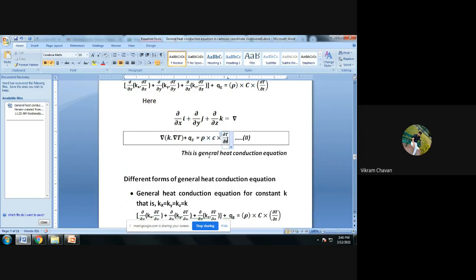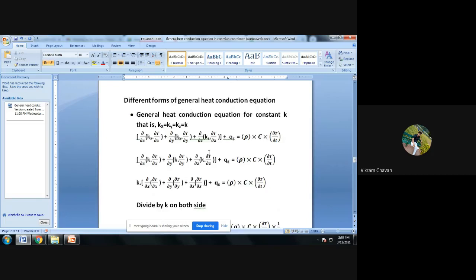Further we derived this for particular forms, and we discussed two forms. One is when the thermal conductivity is constant, which happens when the material is isotropic. If the property of a material does not change with the direction or axis, it is called an isotropic material.